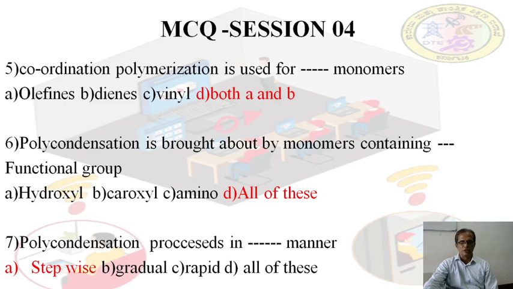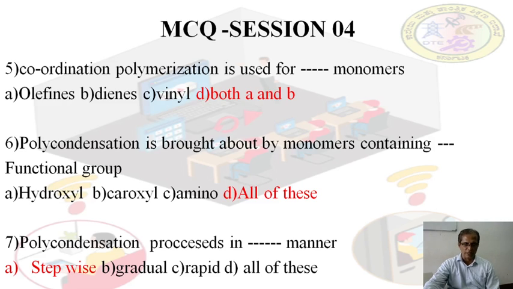Question number 6. Polycondensation is brought about by monomers containing functional groups: hydroxyl group, carboxyl group, amino group, all of these. Correct answer is all of these.